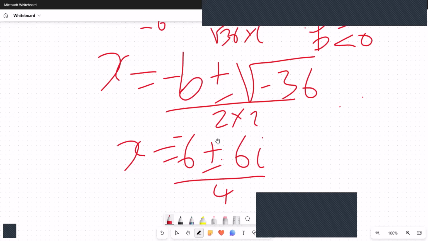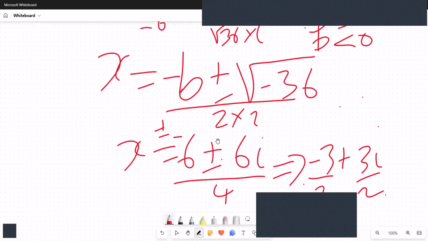And 2 can go into each, and this implies that I have negative 3 plus or minus 3i over 2. So my answer is in complex form, and I want us to know that this is plus or minus.